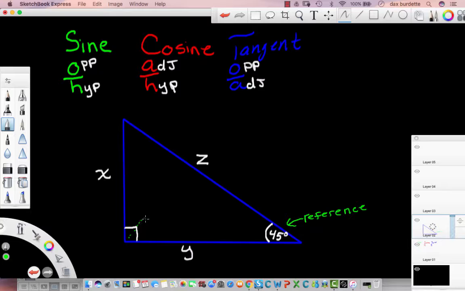Across from any 90-degree angle, you will see the side that is considered the hypotenuse. So I'm going to write the word hypotenuse here. Oftentimes we can identify it just by looking at it, but sometimes it can be kind of funny.